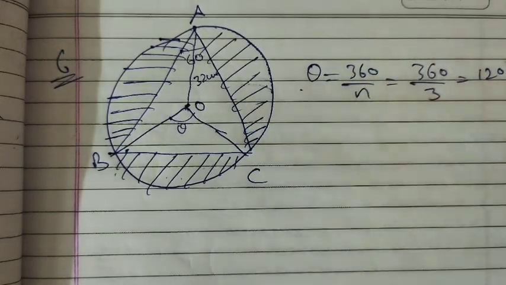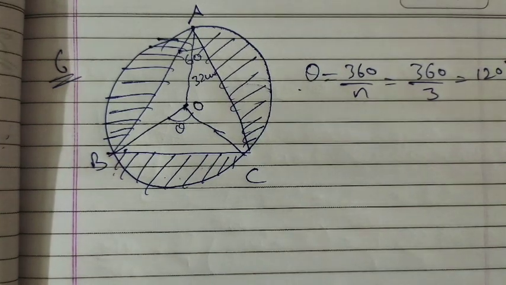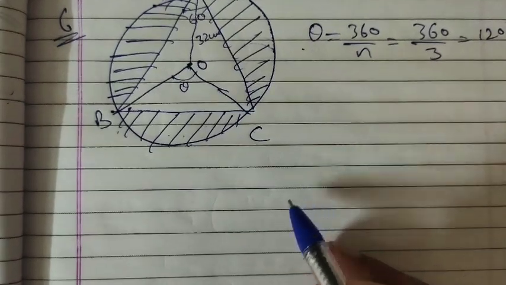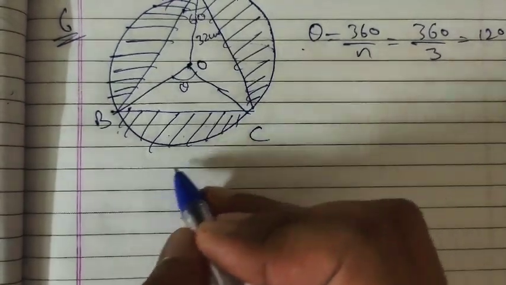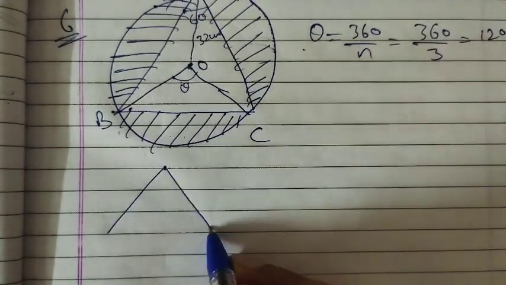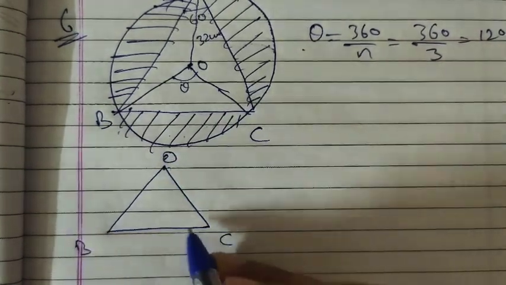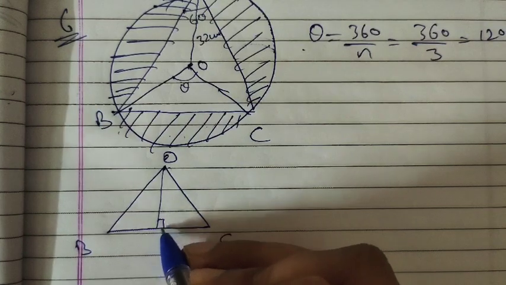That means the questions involving 120 degree as the angle have been deleted from the syllabus due to this pandemic. So we don't have to do this question simply. If theta is 120 degree, okay, if you want we can solve it also. I'll tell you how to solve. Suppose this is a triangle, right? Now in OBC, let there be a perpendicular OD, right?